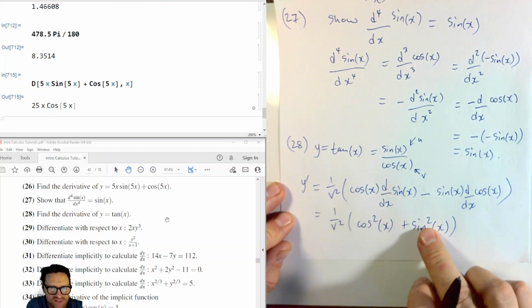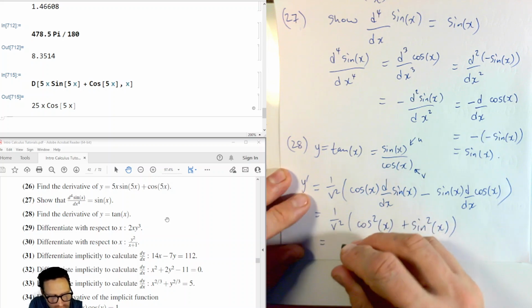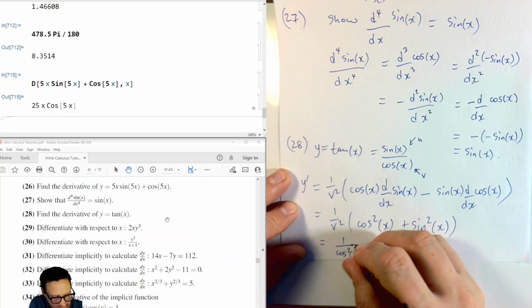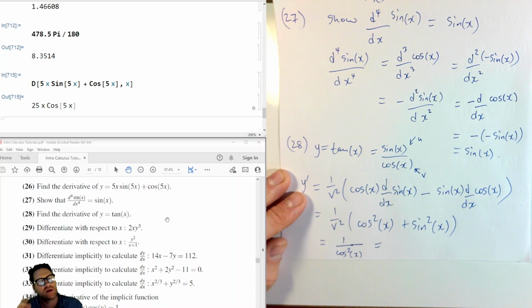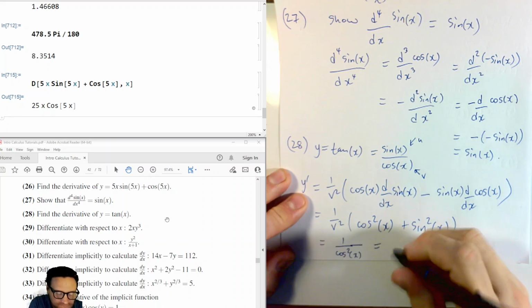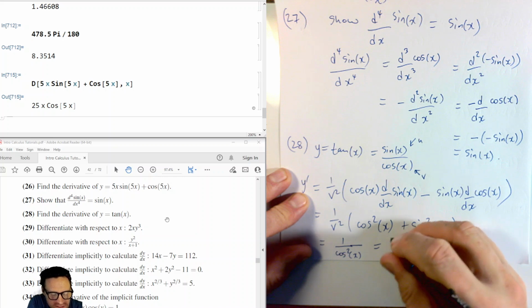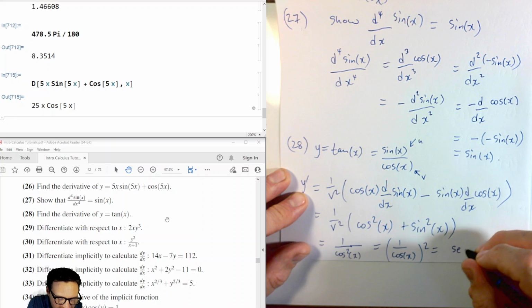Cos squared plus sine squared is 1, so we just have 1 on v squared, which is 1 on cos squared x. So this is our derivative, but there's a name for 1 on cos. It is sec x. So we can write this 1 on cos of x all squared, and 1 on cos of x is sec of x, so this is sec squared x.